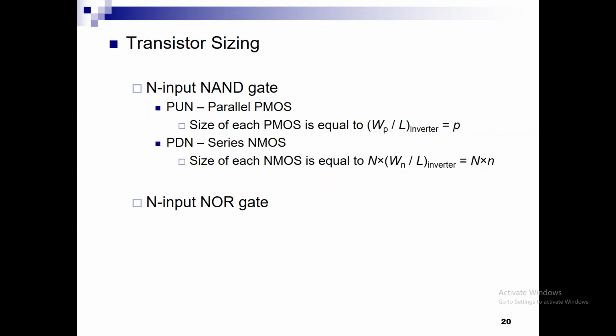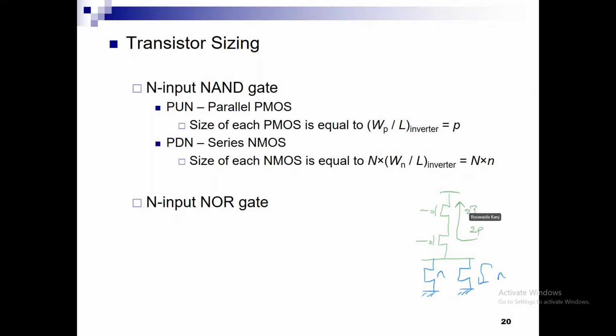So for the NOR gate, because I will have the P in series, okay, and then I will have the N in parallel, then I will size each one of these as N, and then for the series path, since I will pass through two of them, this will be 2P and this will be 2P.